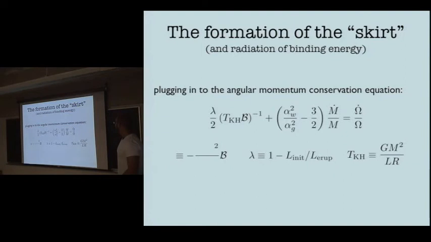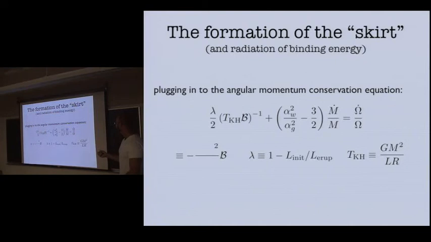And so if we plug this back into the angular momentum conservation equation, now not assuming that the radius of the star scales like the square root of the mass, because that has to do with evolution, not with dynamics.